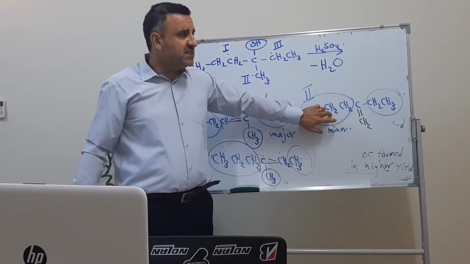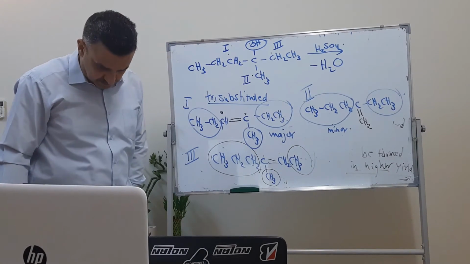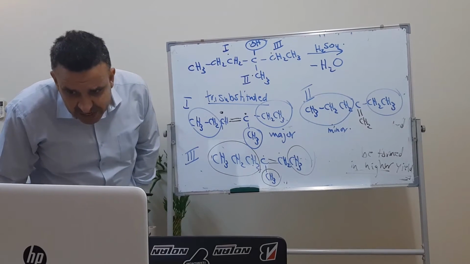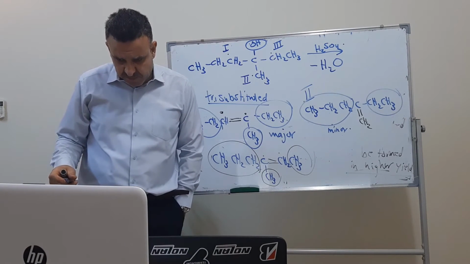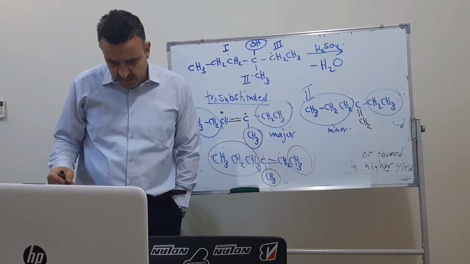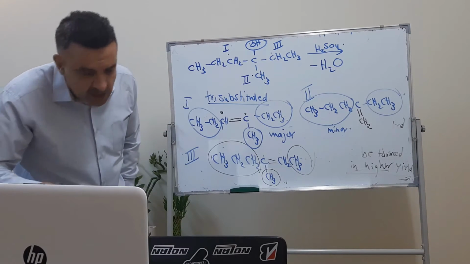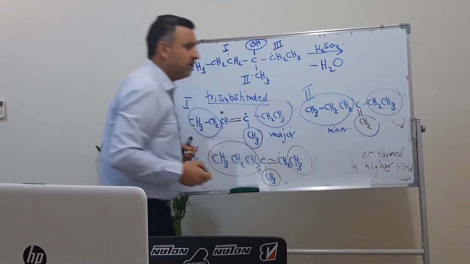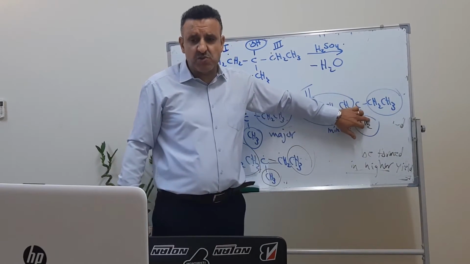Here, is there an E and Z possibility for structure number 2? Is there E and Z? Why is there no E and Z in this structure? Why? Yes, true, but what you can say, as we have explained when we talked about E and Z, is that this carbon is attached to 2 same atoms.